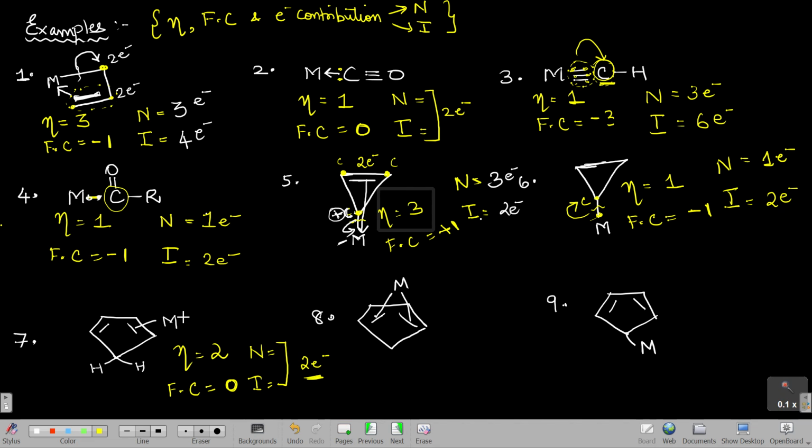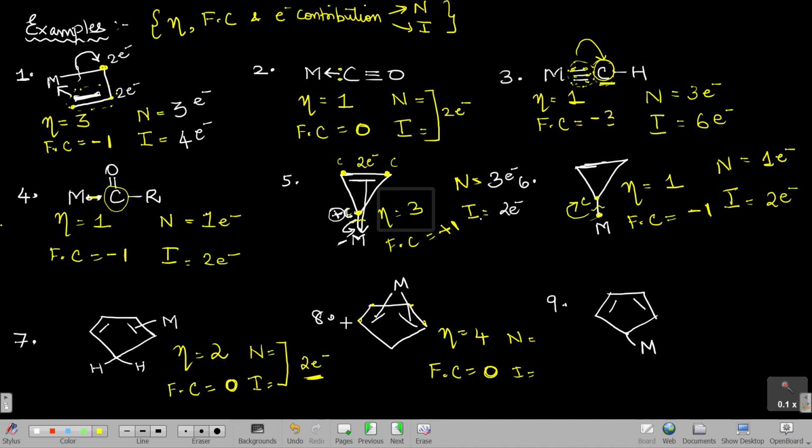So it's very simple. Now come here. The hapticity here: these 2 carbons are also donating through the pi bond, so totally 4 carbon atoms are donating. So the hapticity is going to be 4. Now come to the formal charge. As I told you, all are pi electron donation only, there is no sigma bond, so the formal charge is going to be 0. Now come to the contribution, neutral method and ionic method.